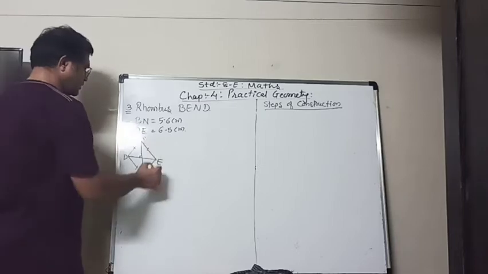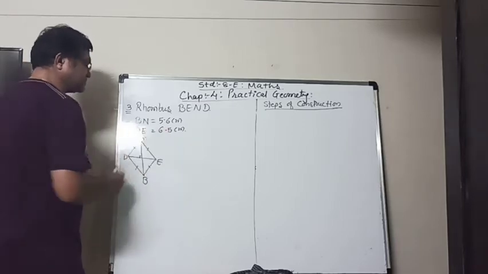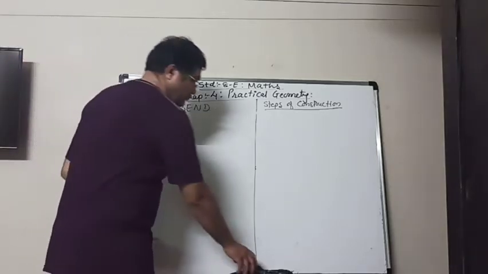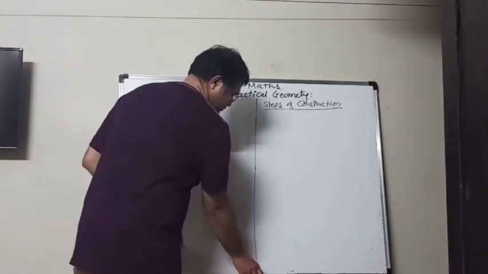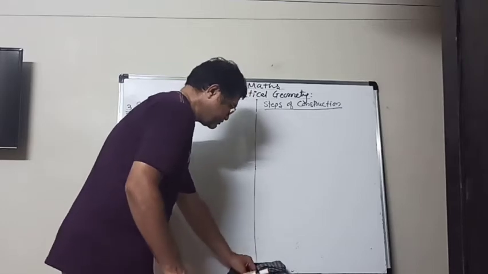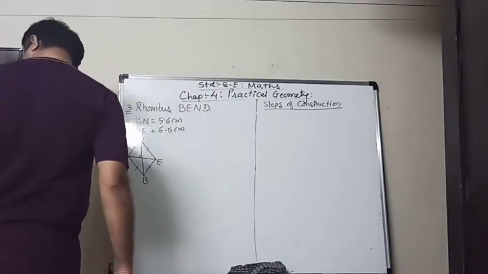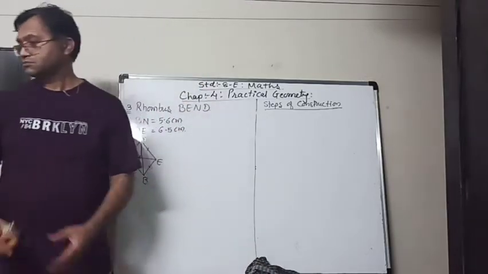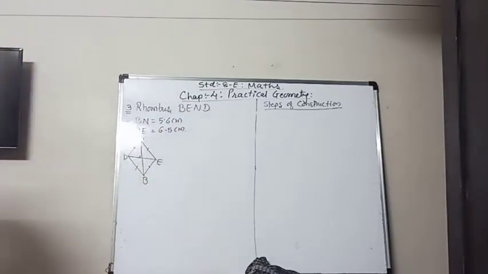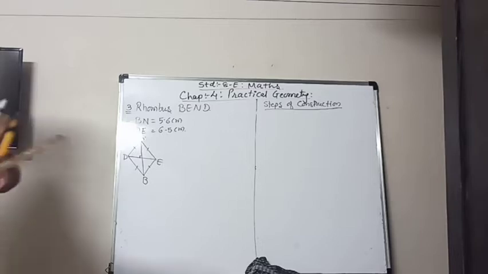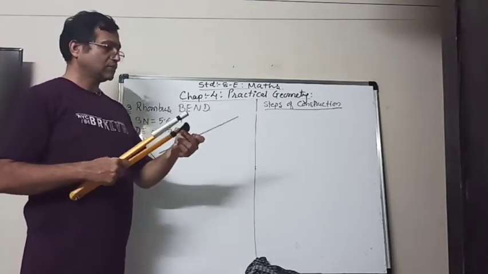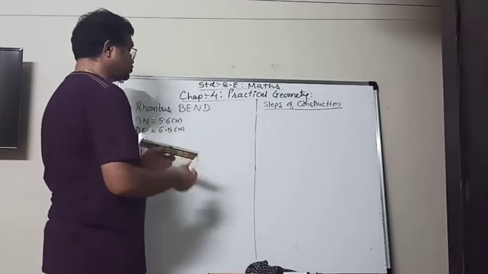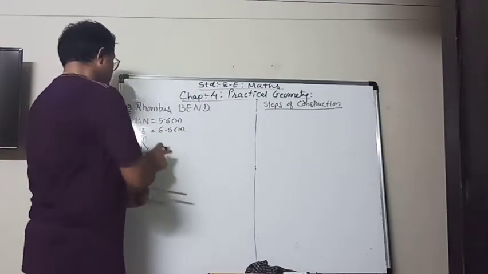So first of all we have to draw DE of 6.5 centimeter. So for me, what is 6.5 means? It will be 26 centimeter. So now, with the scale, I have to draw 26 centimeter for DE.